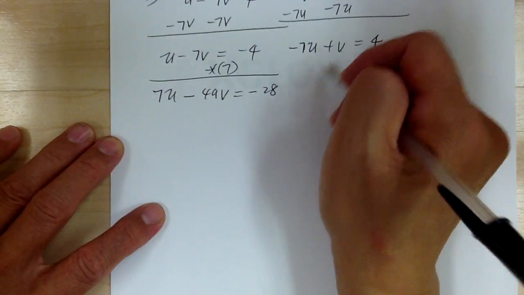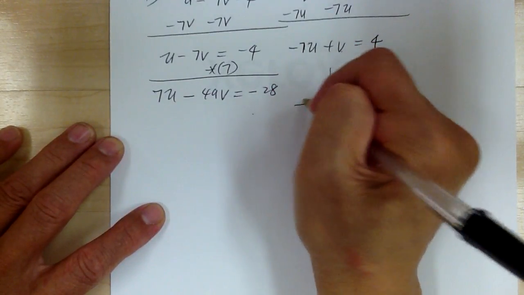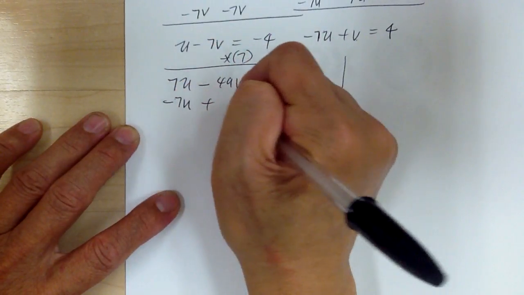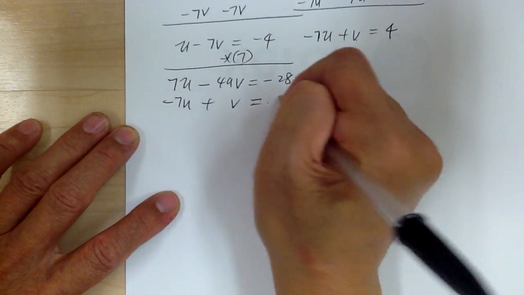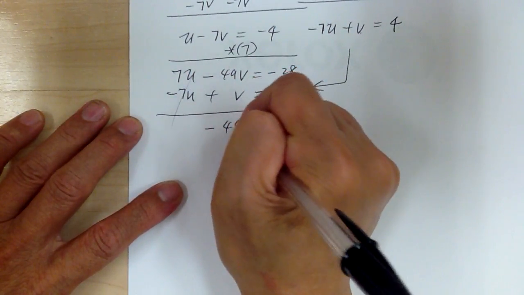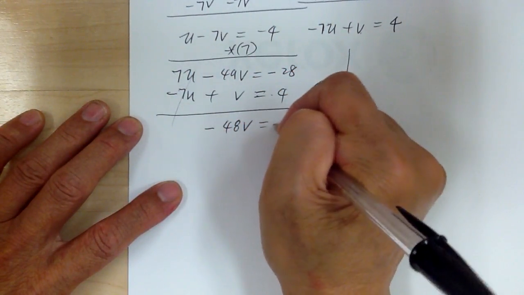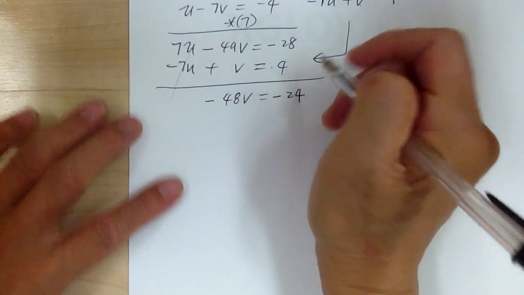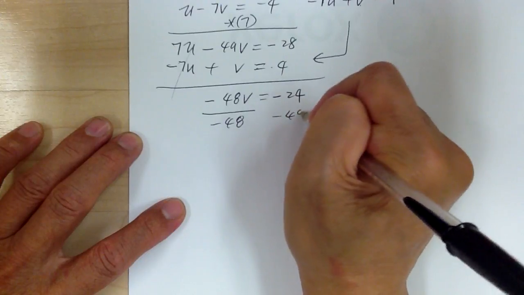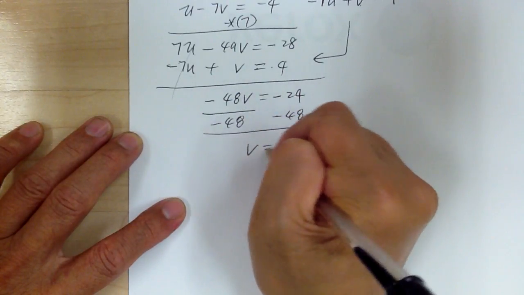And I'm going to put this under here. Negative 7u plus v equal to 4. So this cancels out. I get negative 48v equal to negative 24. Divide by negative 48, divide by negative 48. I got v equal to 1/2.